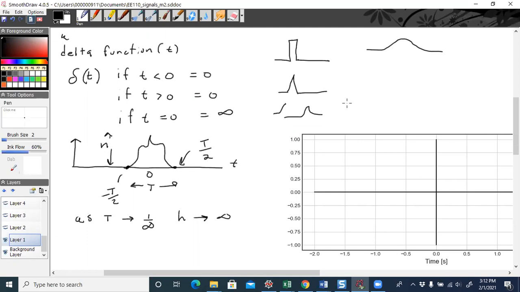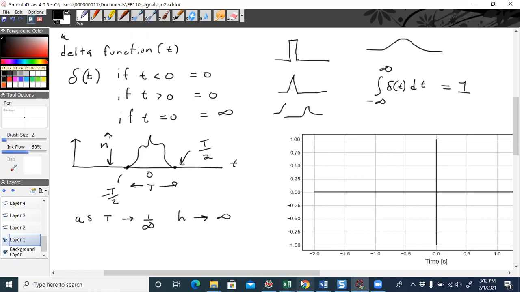The other definition is if I integrate that delta function, I'm going to get 1, all right? So whatever shape you use, as long as when you integrate over the non-zero part you get 1, that's a delta function, all right?